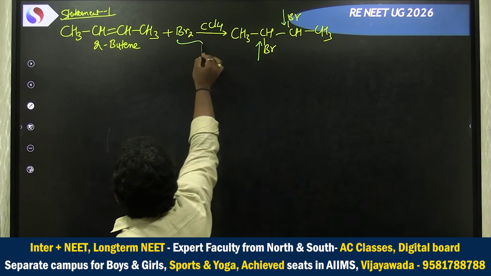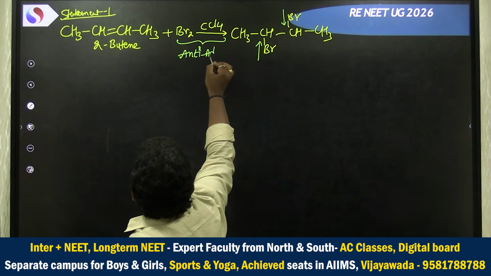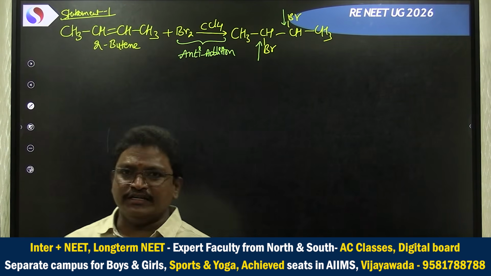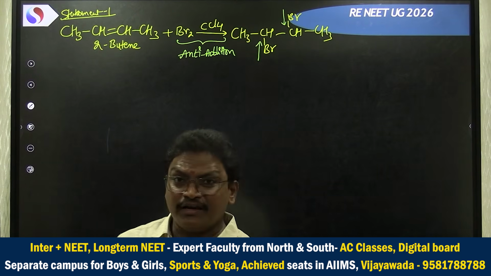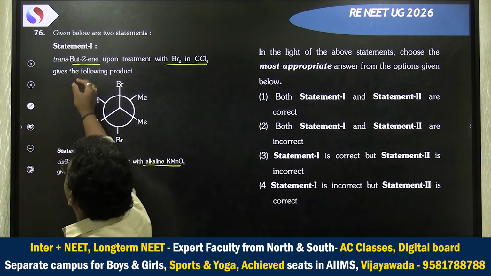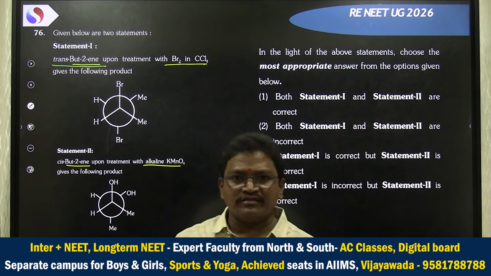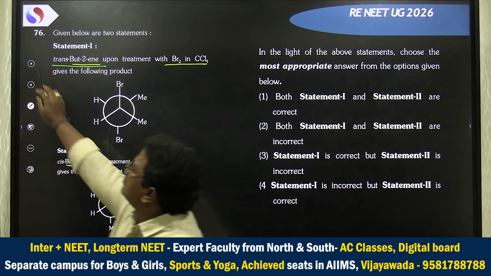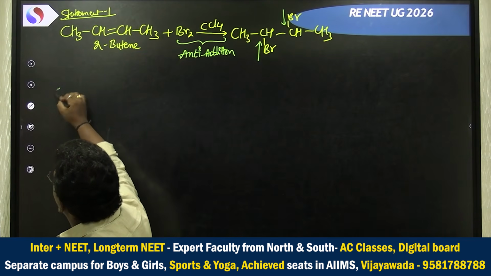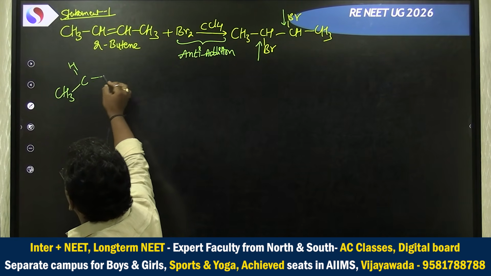This is called anti-addition. Here the bromine is involved in anti-addition. Now, what is the question here? They gave trans-2-butene. So here they gave trans-2-butene, CH3 CH double bond CH CH3.